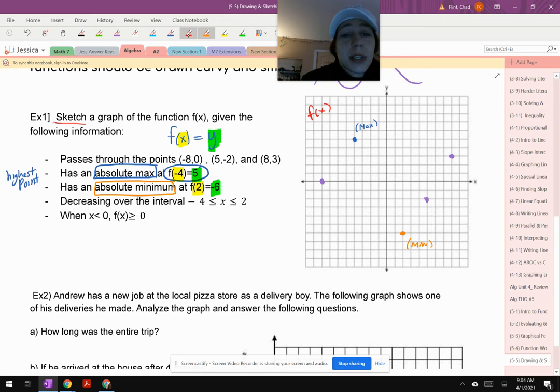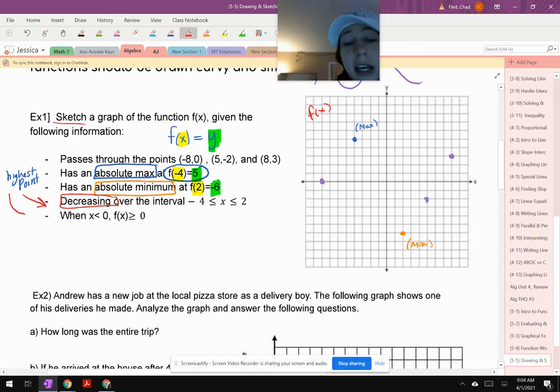Okay, our next piece is talking about an interval over which it is decreasing, or going down in a downwards fashion. These are just saying x when x is -4 through 2. And those are talking about x values, hence the big fancy x in the middle.